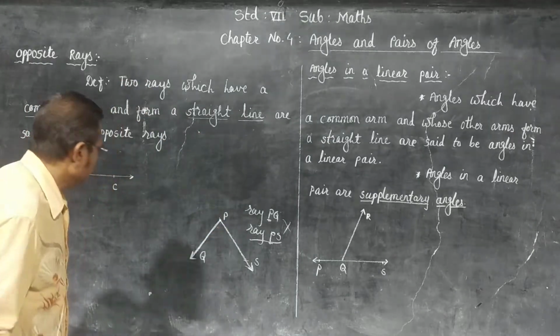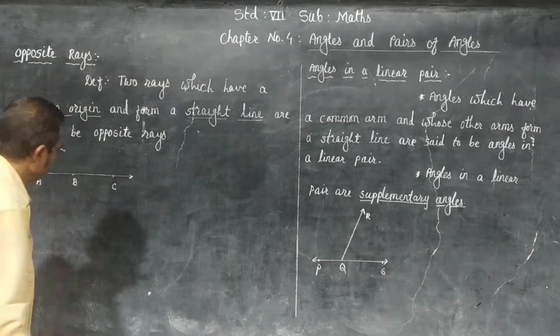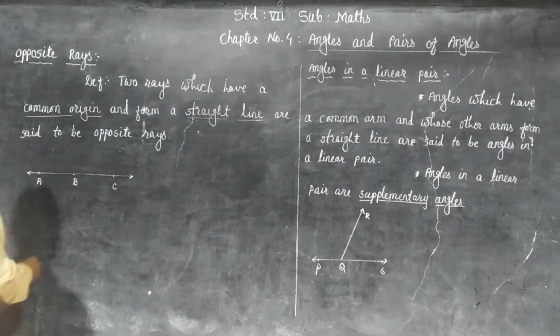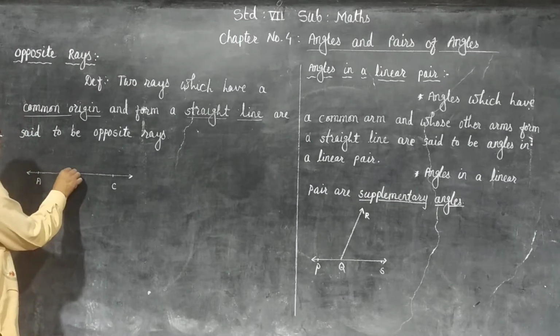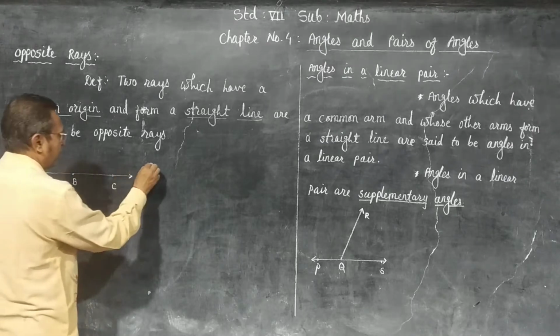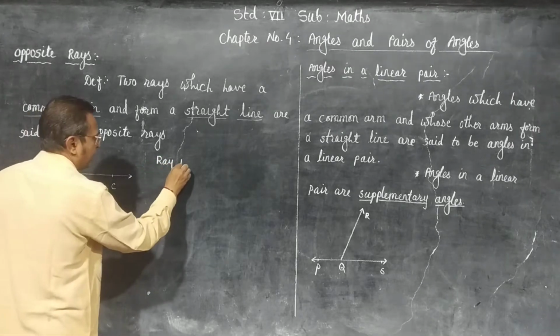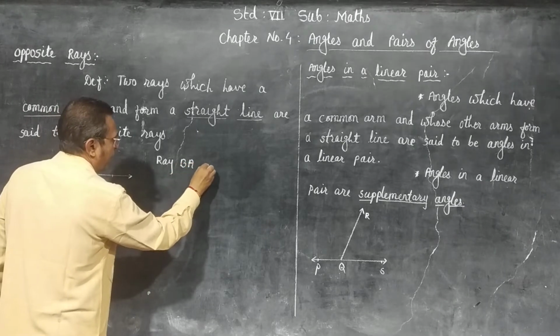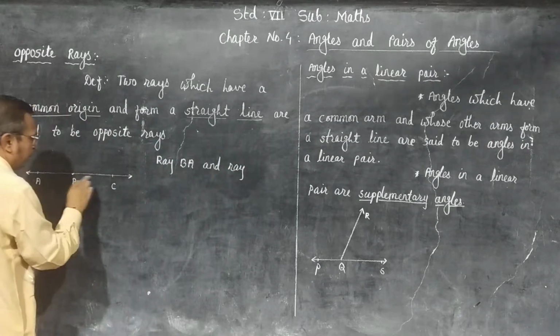Now, in the given figure, look here, two rays from starting point B, ray BA and ray BC.